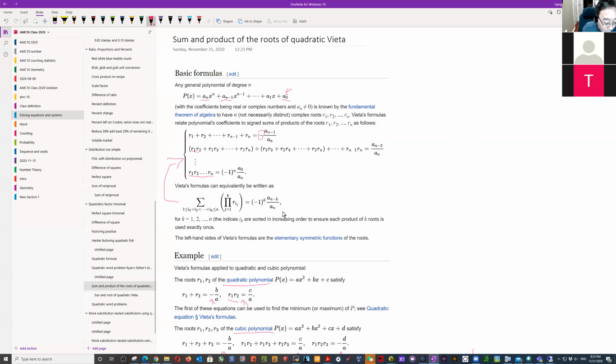And k can go all the way from 1 to n. This is the pi, which is the product of everything, and this is sigma, which is the summation of everything.